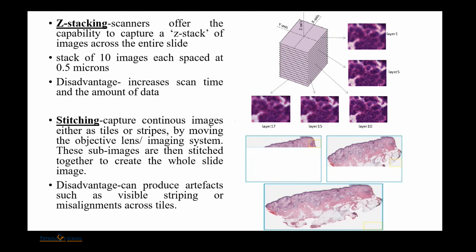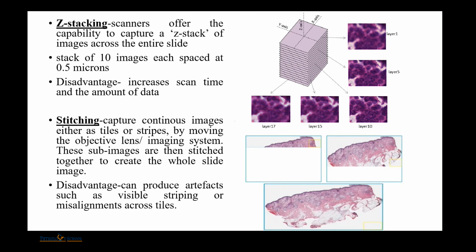Basically it scans at every level. If there is a tissue fold, it will scan at every level of the tissue fold, so you will be able to see cells in every fold of the tissue section. So you don't have to give a recut or redo the slide and then scan it. You can scan it even if there is a fold on it. The only disadvantage is that it increases the scan time and the amount of data.